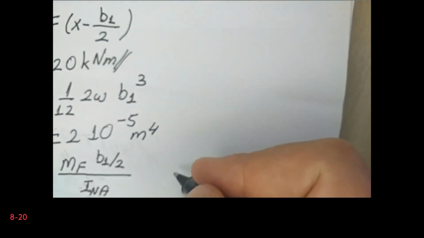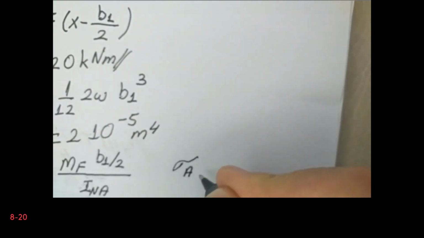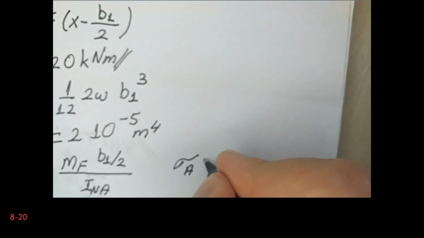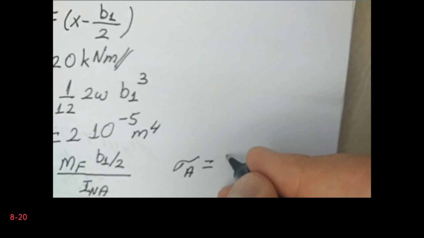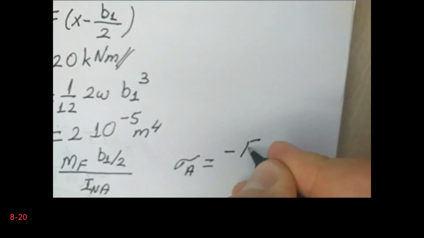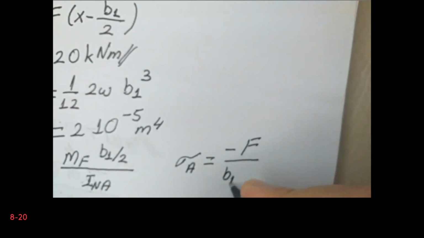Now we can calculate the stress due to the axial load. Sigma axial is equal to, now we have a compressive force, so it's minus F divided by the area. Area is b1 multiplied by 2W.